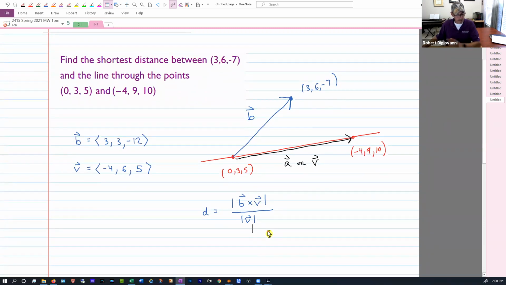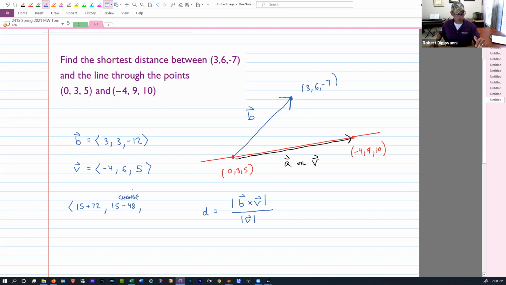All right. So we have to cross these two. Let me go ahead and do the cross product here. So 15 plus 72, I believe. Hold on, let me see. 15 plus 72. 15 minus 48.